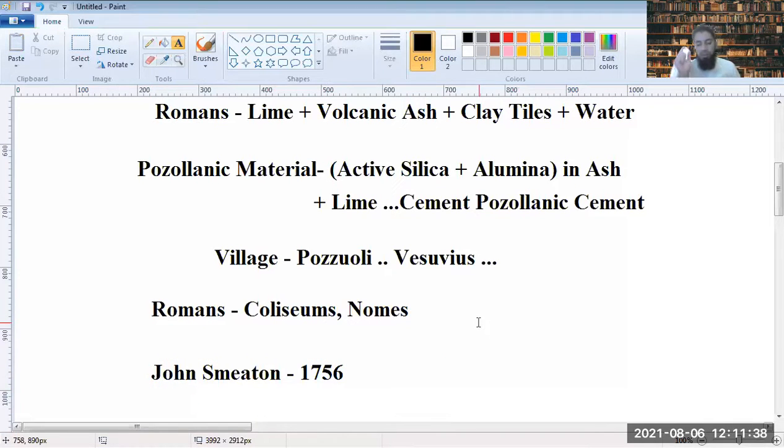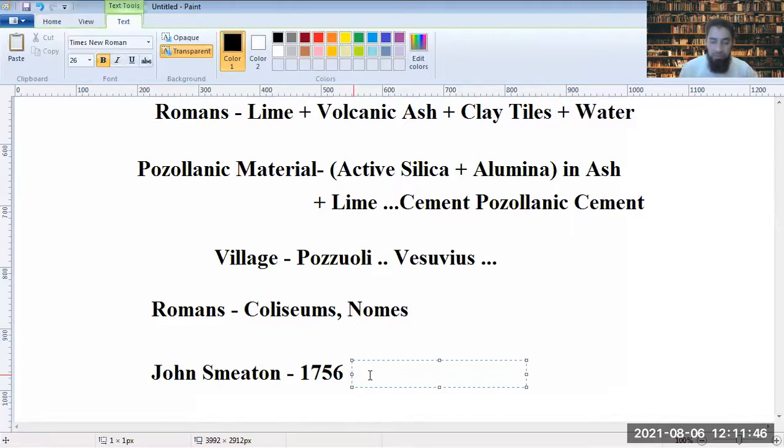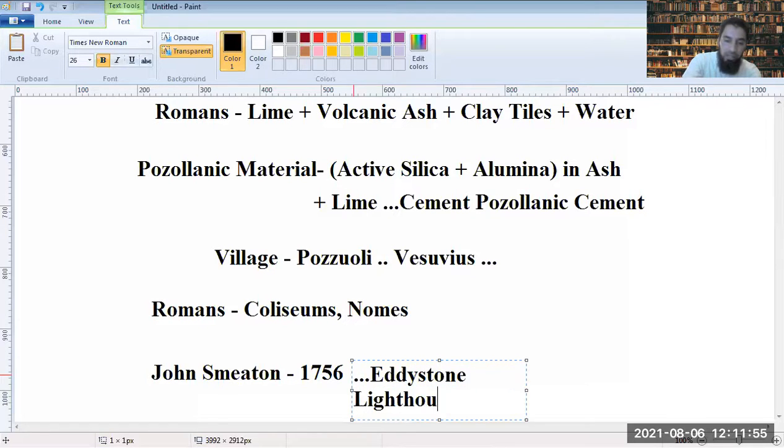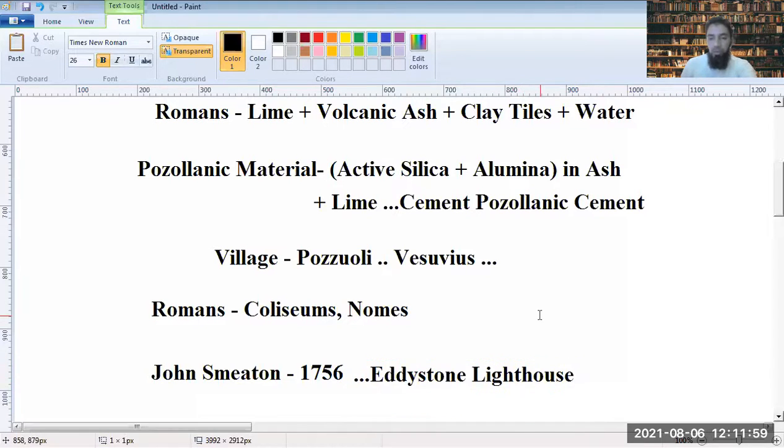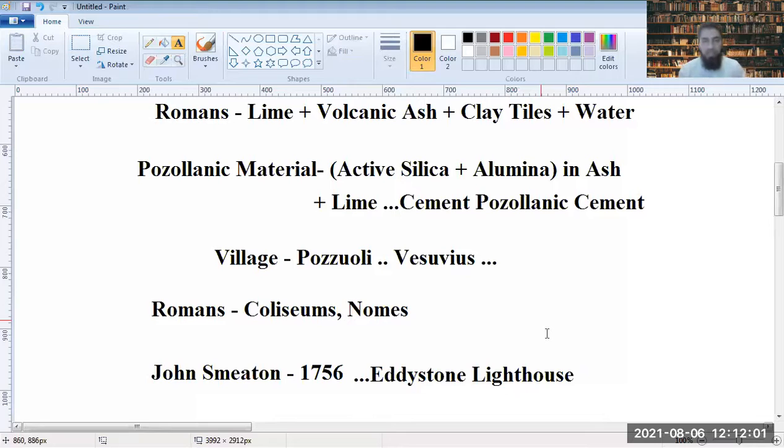He laid down the foundation for construction of the modern cement, the first foundation, and he constructed a lighthouse in Eddystone. Eddystone was a place where he constructed the lighthouse. A lighthouse is constructed near a port or near a harbor.